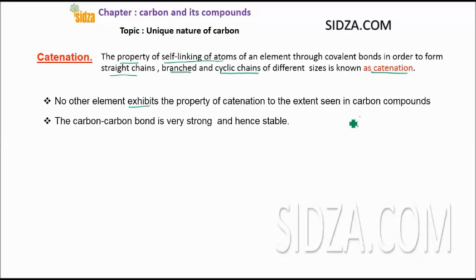But carbon exhibits this property of self-linking to the maximum extent, because the carbon-carbon bond is quite stable, very strong, and therefore the molecules are very stable. Other elements can show some catenation also, but they lack the stability, right?